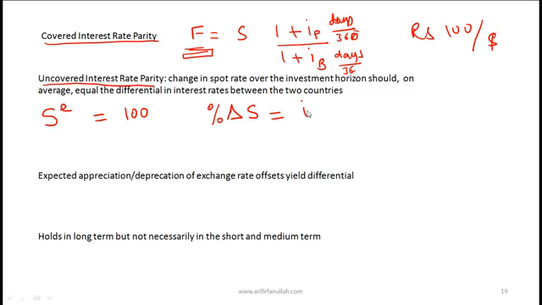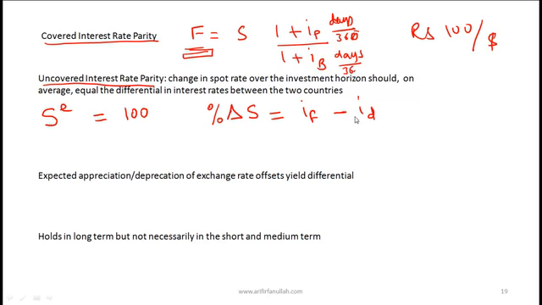So if we use the example in the curriculum, the curriculum uses in this context a foreign currency and a domestic currency. So let me take a simple example here. So I'll just first write this down. The expected percentage change in spot rate is equal to the differential between the interest rate in the foreign currency and the interest rate in the domestic currency.